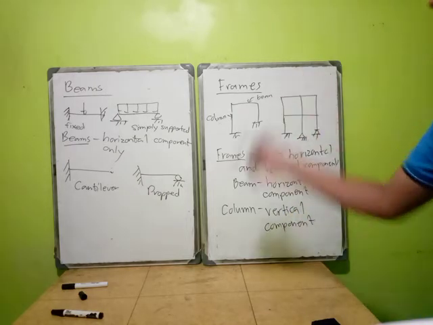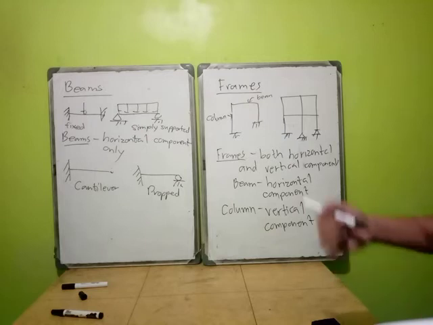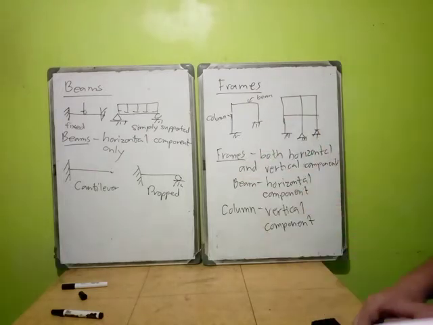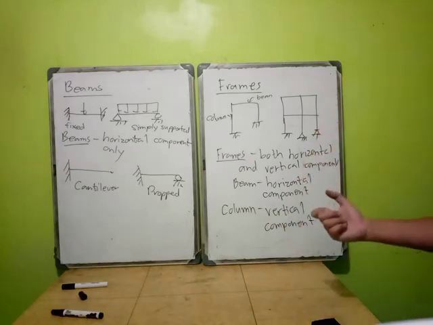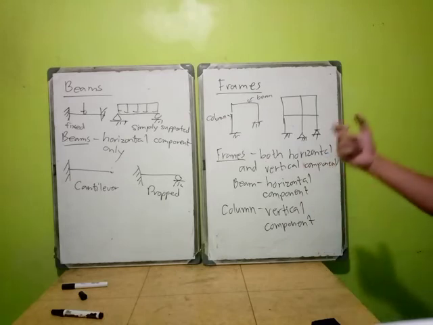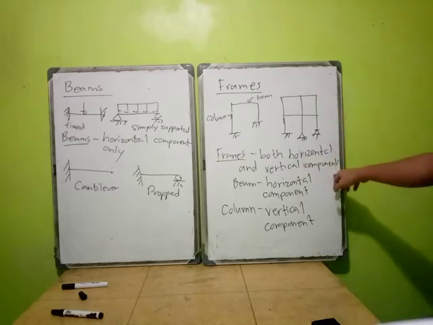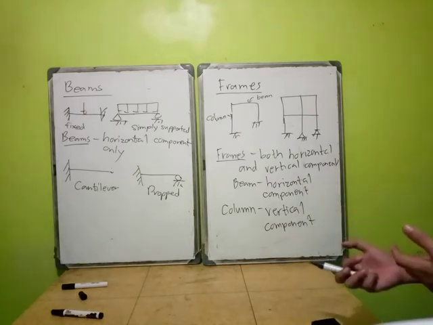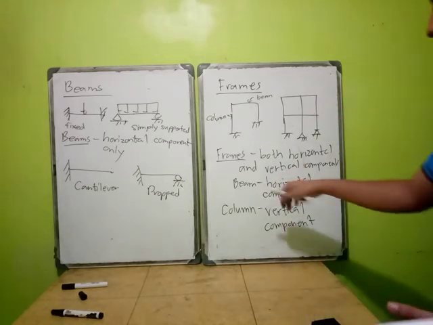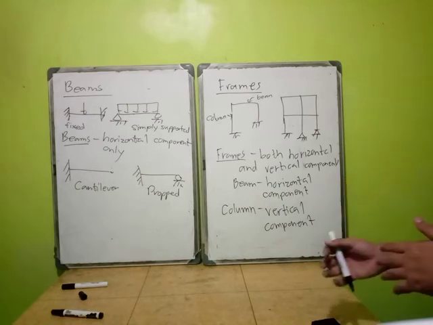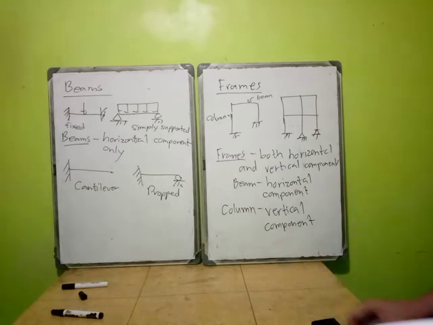So, ang kaibahan ni beams tsaka ni frame: si beams, horizontal component lang meron siya. And then, si frame is composed of both horizontal and vertical components. And then, the horizontal component of that frame is also called beam. And then, yung vertical component niya is column. So, yan yung pagkakaiba ni beams tsaka ni frames.